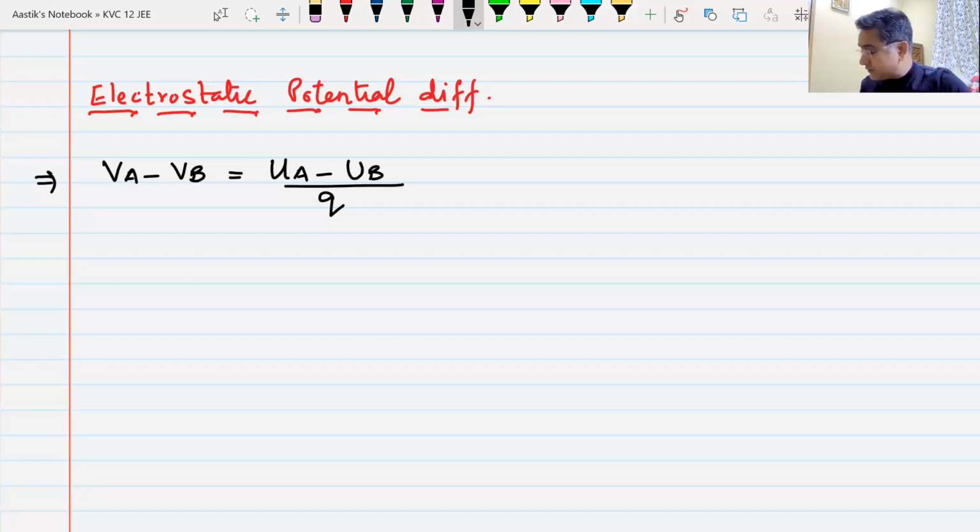So I can now write, this is change in energy divided by Q. So I can write it as the integral of F dot dr divided by Q. Yes or no? Change in energy divided by charge is F dot dr divided by Q. Now F by Q, force divided by charge, becomes your electric field.